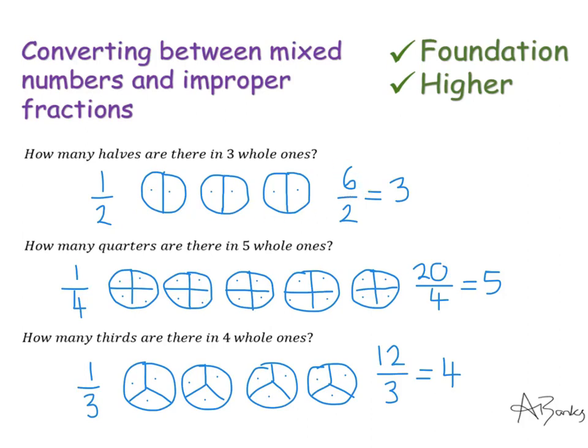In this example I was splitting into quarters, so every whole one is made up of 4 quarters. So in 5 whole ones, there are 5 multiplied by 4, which is 20 quarters. And in this example, every whole one contains 3 thirds. So in 4 whole ones, there are 4 times 3, which is 12 thirds. So it's a quicker way of doing it by doing the multiplication.